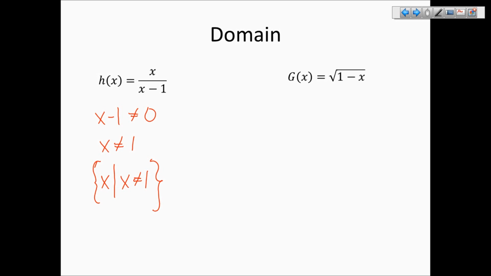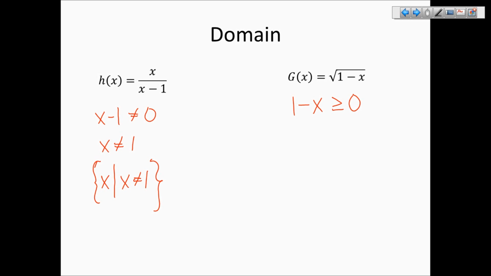Okay, let's take a look at g of x over here. Now, we don't have a fraction, so we don't have that same limitation on x, but because it's a square root, we have the limitation that what's under the square root, that is 1 minus x, has to be greater than or equal to 0.